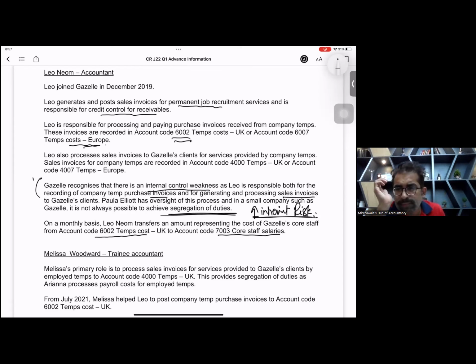There is a possibility that for December's salary, they are doing the transfer in January. So there is a risk of understatement of expenses in the last year. It's just the cutoff issue: last year's cost is booked next year. So these types of things may also come in the exam.